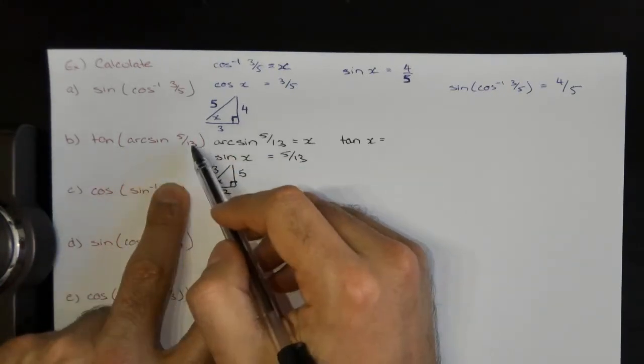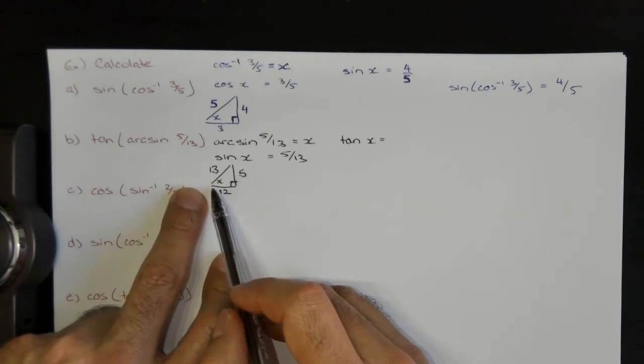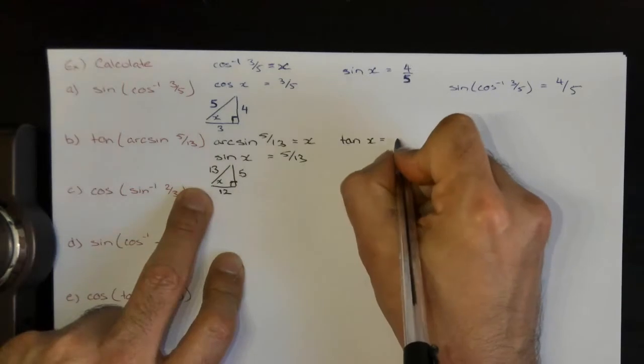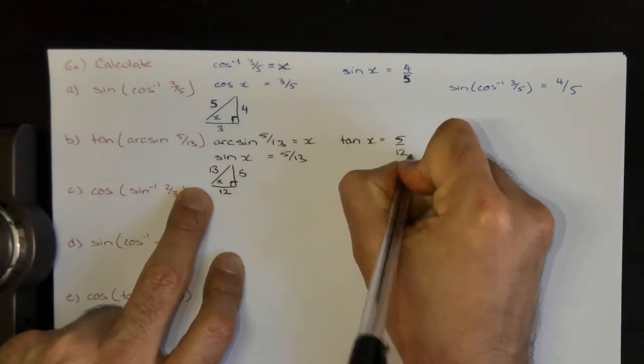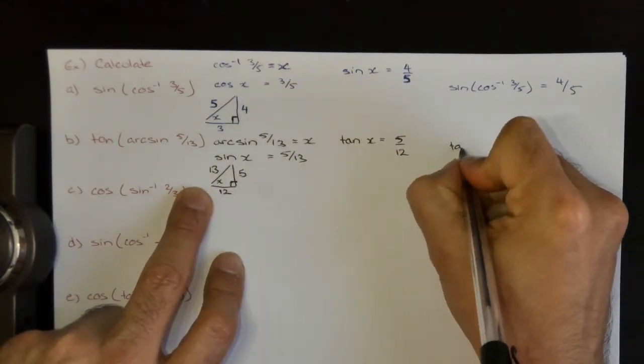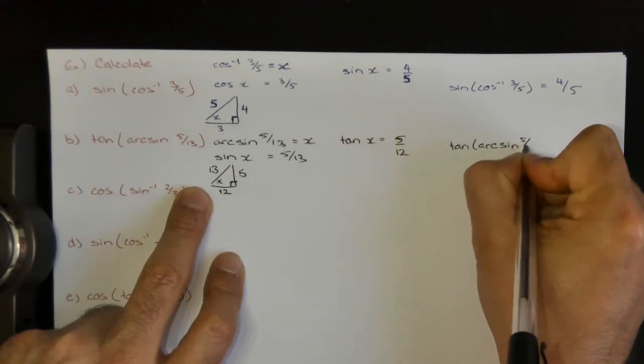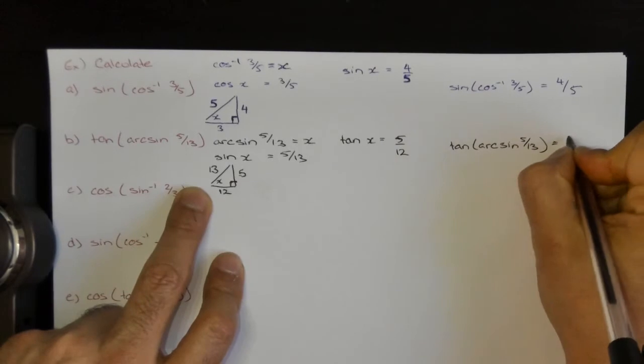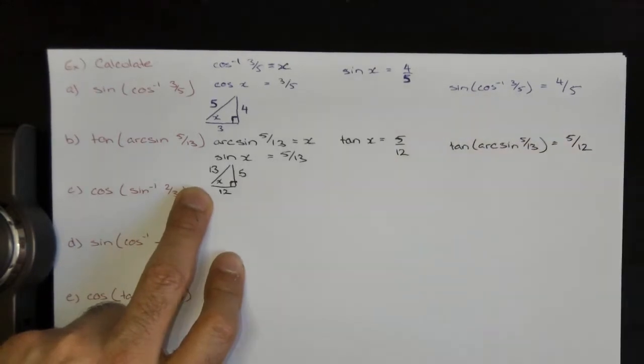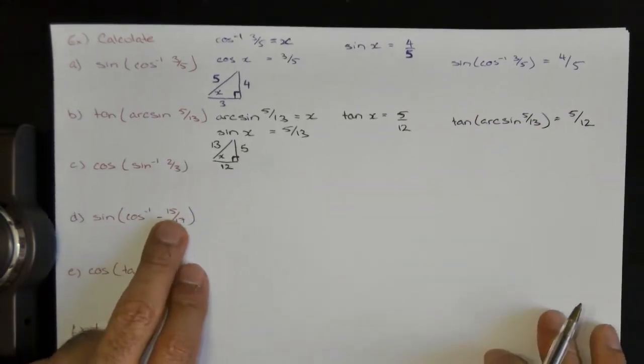So we want the tan of x, which is 5/12. So tan of arc sine 5/13 is 5/12.